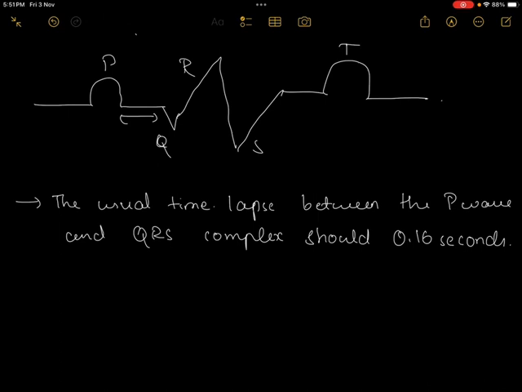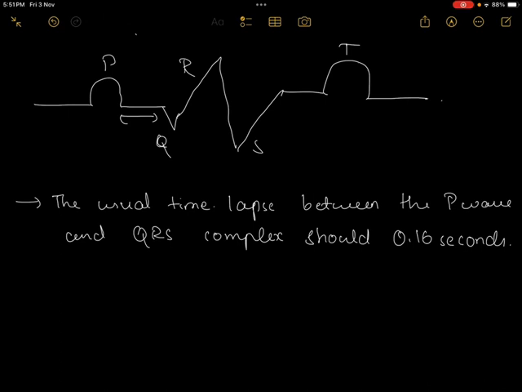So what happens if this interval, the P and QRS complex time, is increased?